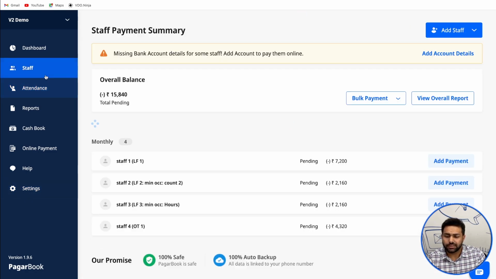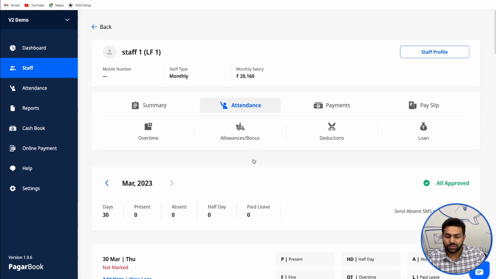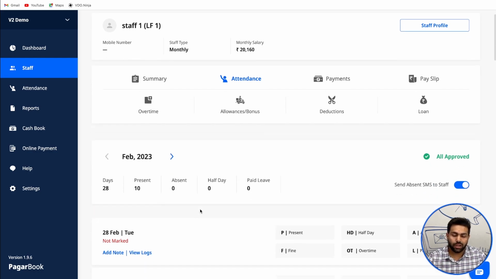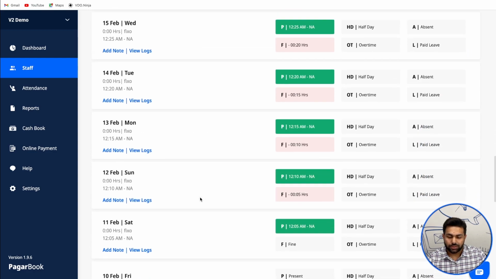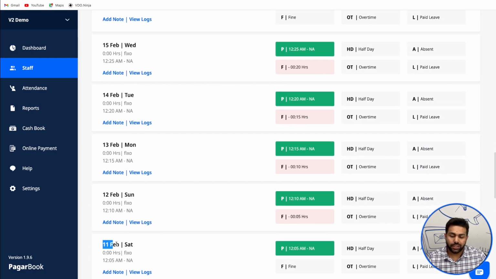In this case we will again observe how it worked for the staff. So now let's suppose a staff was late on 11 Feb. As per the rule, no fine was deducted as it was under grace period. Now on 12th Feb, staff was late by 10 minutes, but now the grace period of 5 minutes will be deducted.